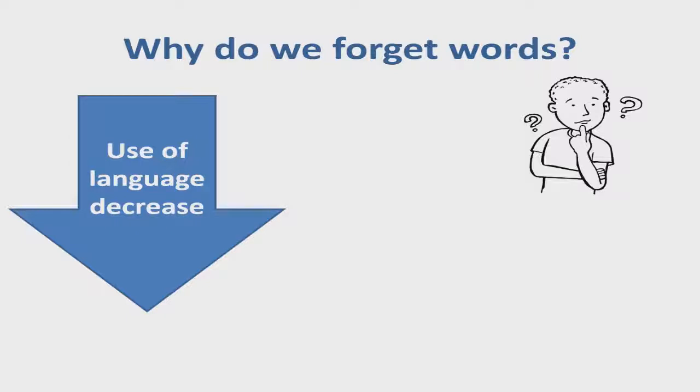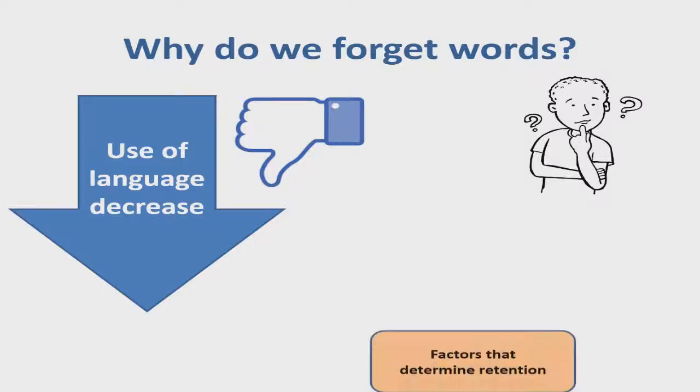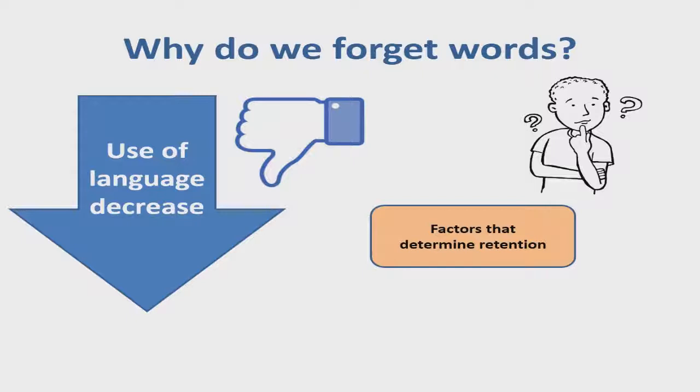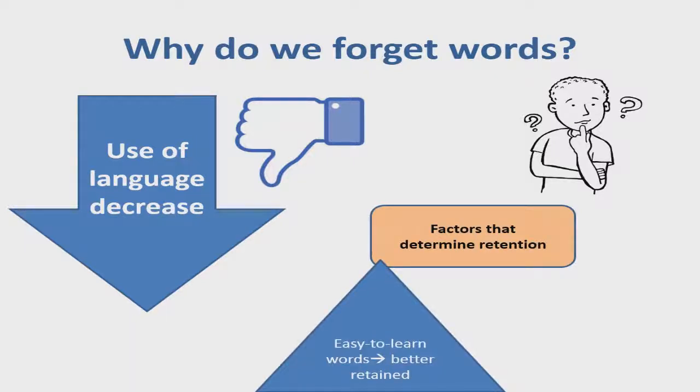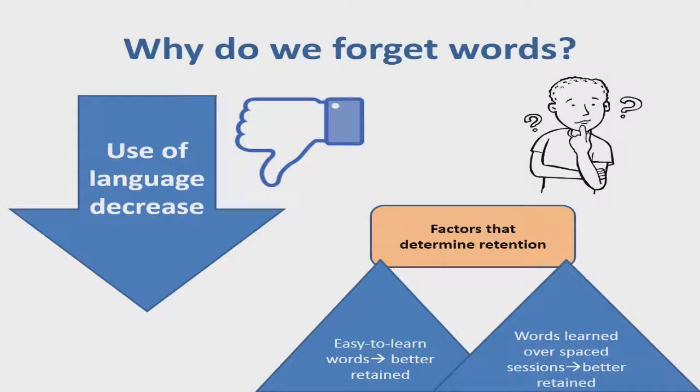The first one is that easy-to-learn words are obviously better retained, and the second, words that are learned over spaced learning sessions are better retained than words that are learned in exaggerated amounts in just one class.